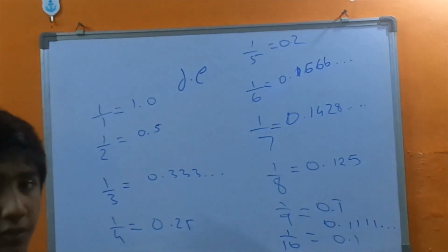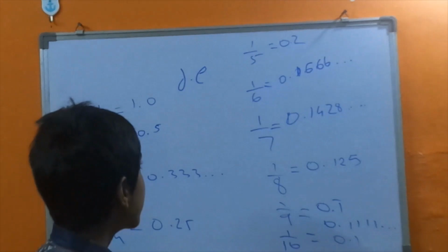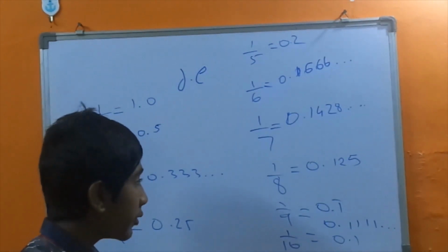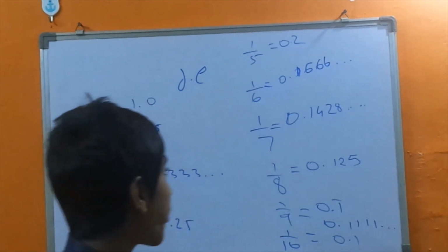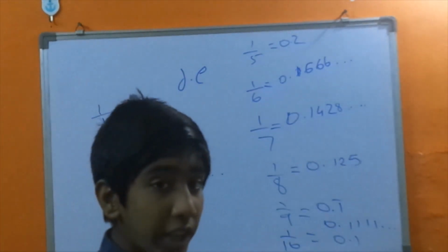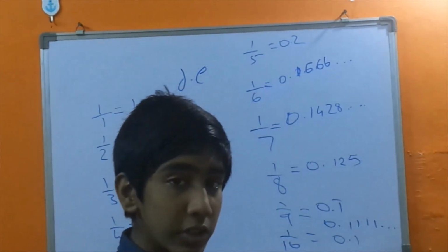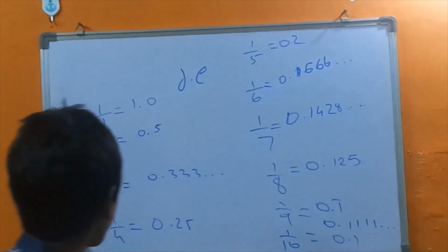So what do we observe from this? From this we can define rational numbers from a different perspective, to be exact.